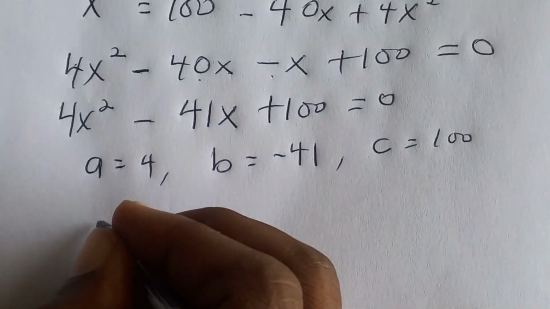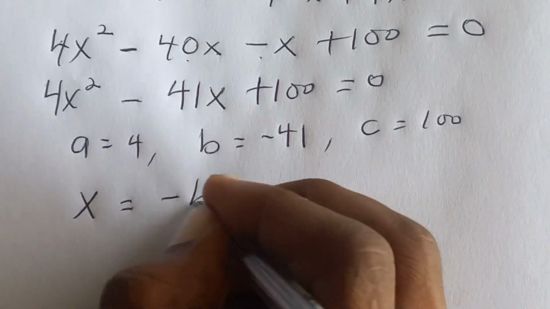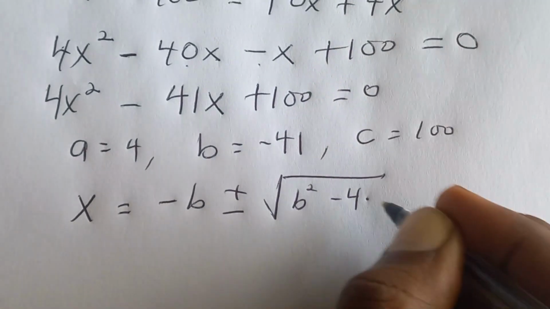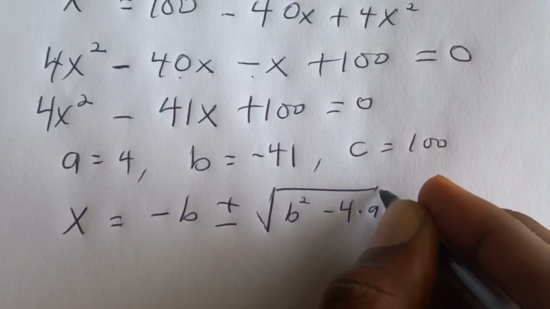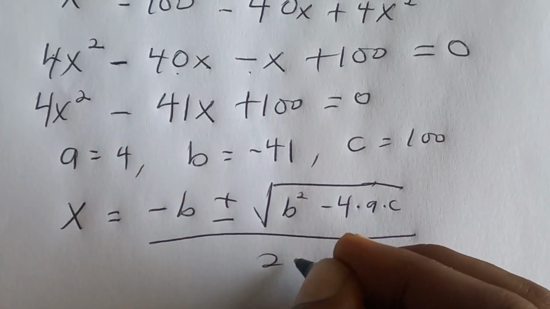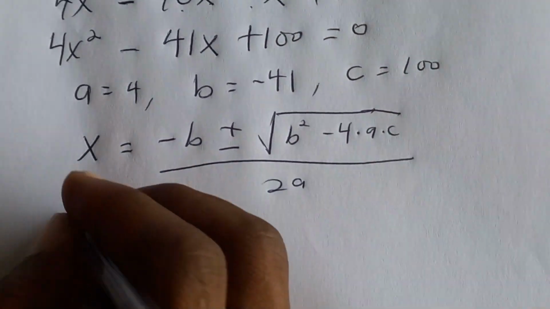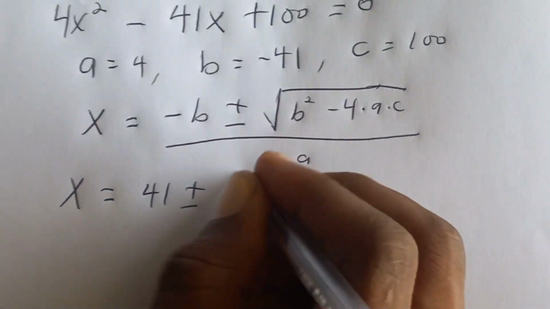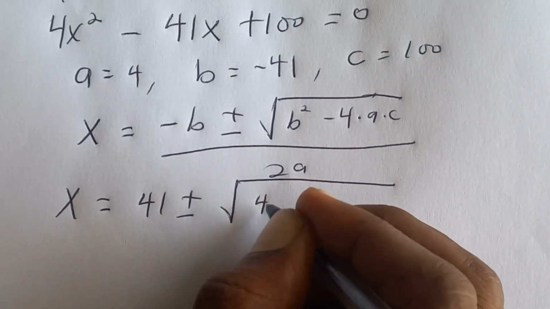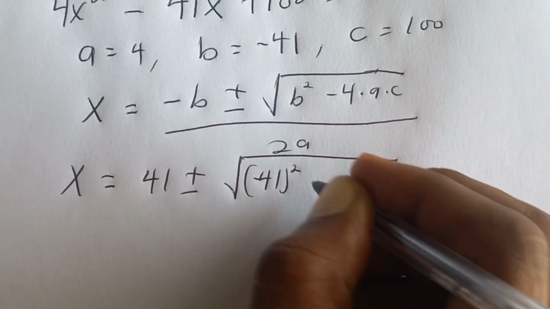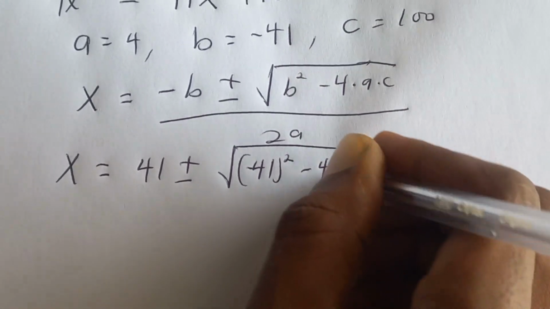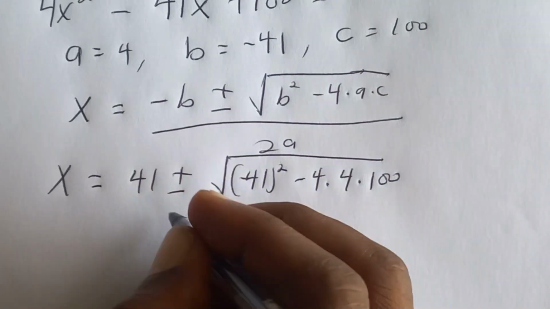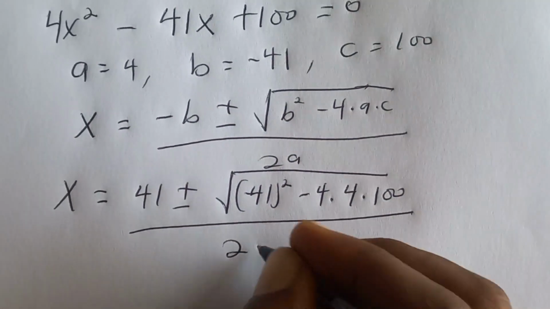Now, our x is equal to minus b plus or minus square root of b squared minus 4ac, all over 2a. So our x is equal to 41 plus or minus square root of negative 41 all squared minus 4 times 100, all over 2 multiplied by 4.